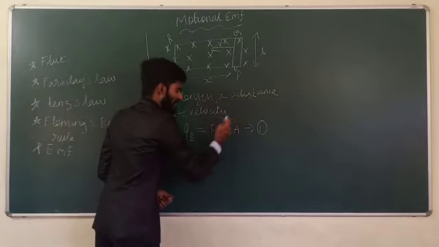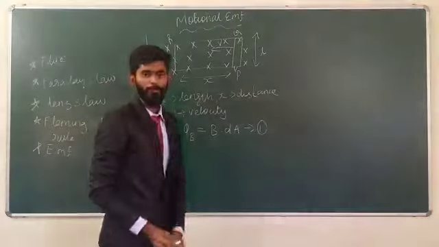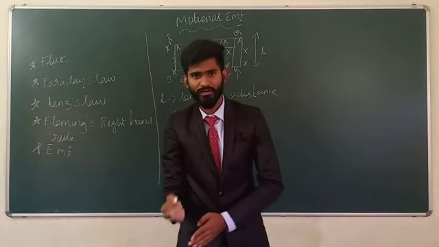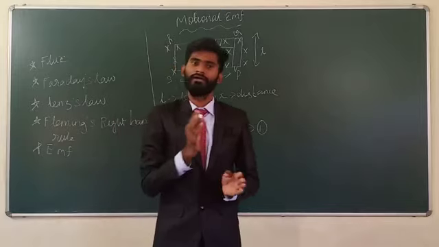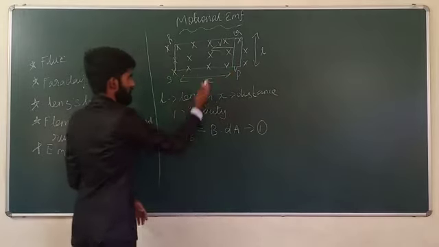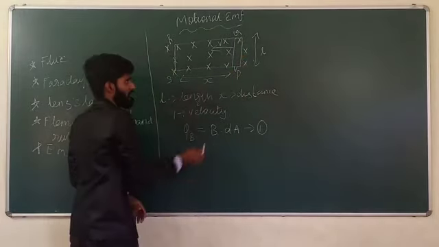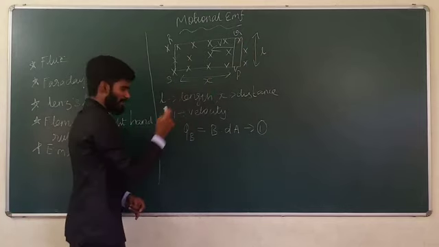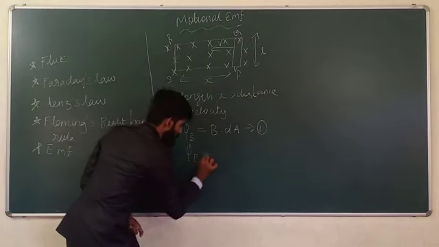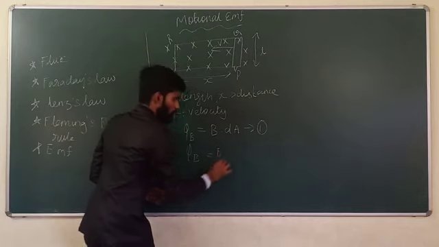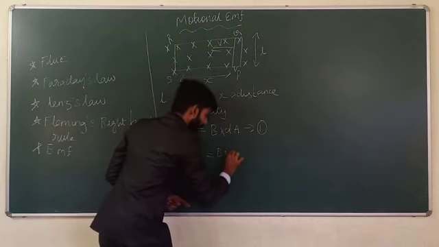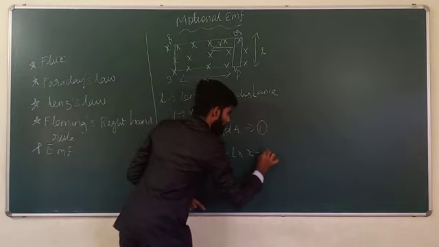Here the area has a formula, length into breadth, as we already know for a rectangle. Here the length we already know as L and the breadth we already know as x. So I will rewrite the flux equation as B into L into x.